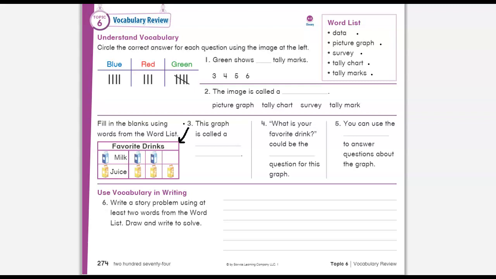Number 4 says, "What is your favorite drink?" could be the blank question for this graph.